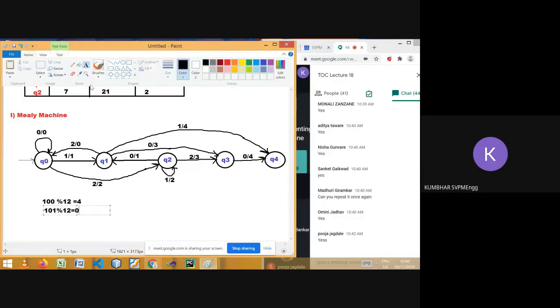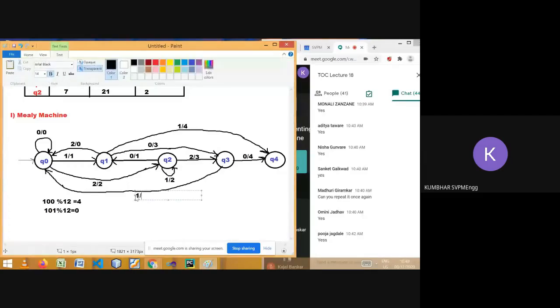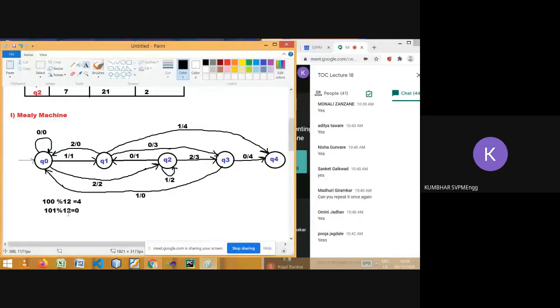Correct. So let me show this from here. In Q3 after reading 1, it is giving output 0, because it becomes 10. 10 divided by 5 is 0. So output is 0. Great.